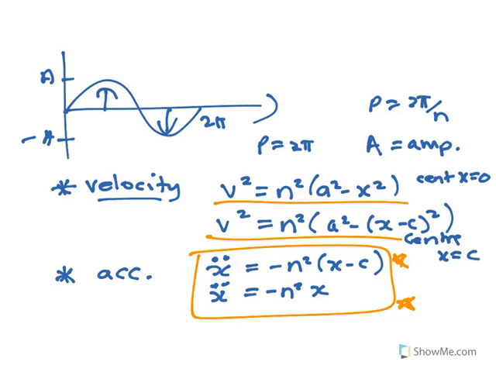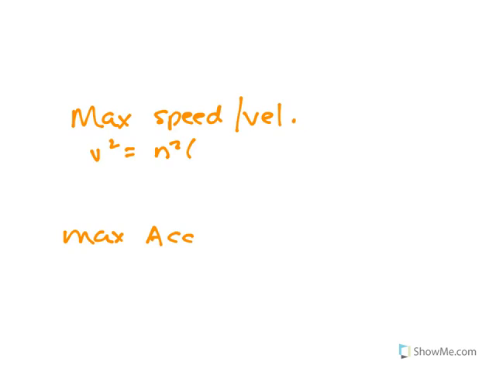So the other thing that is really important to this is being able to find your max speed or velocity and your max acceleration. So because you've got v squared is n squared, a squared minus x squared, your maximum speed is at the centre.